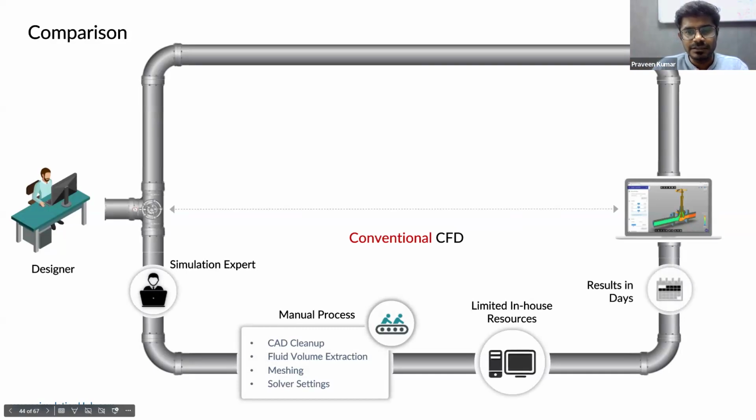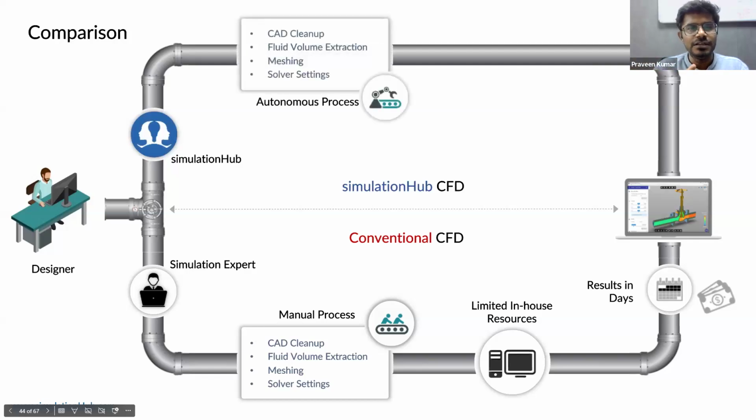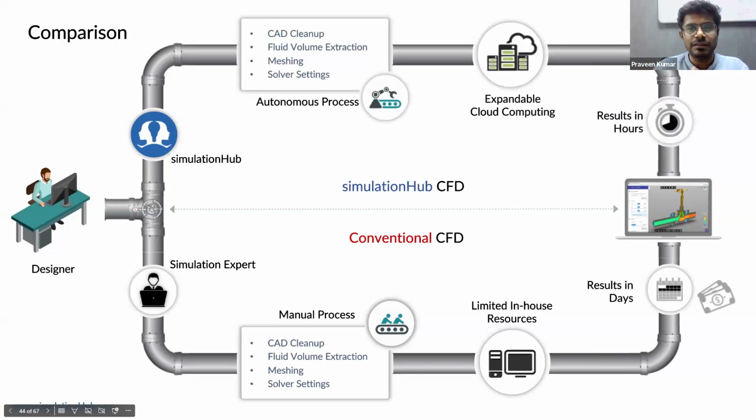So the time required to obtain the results is in days, whereas on the simulation side, we run the process on the cloud as well as autonomously. That makes sure the results are obtained in hours. Typically it takes 1 to 2 hours depending on the size and complexity of the valve.